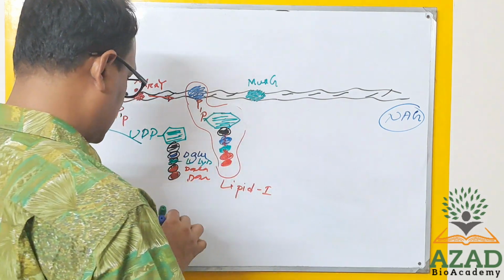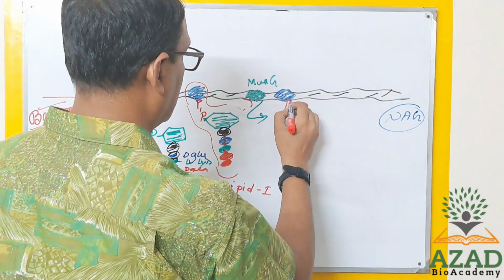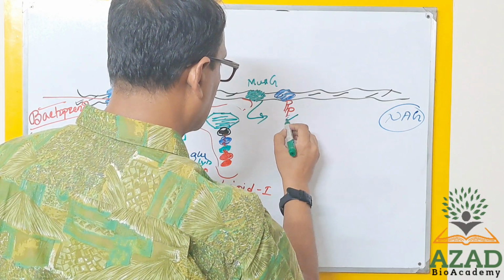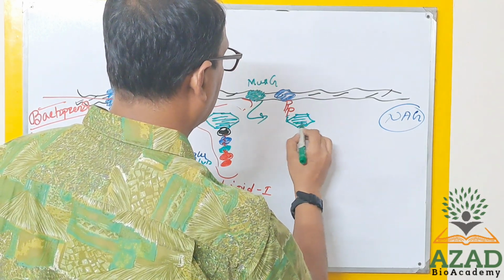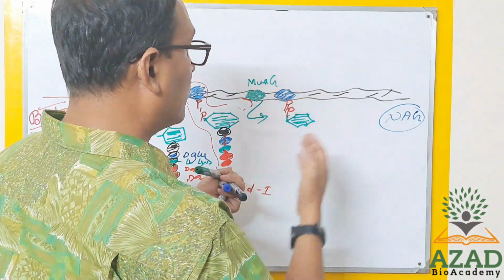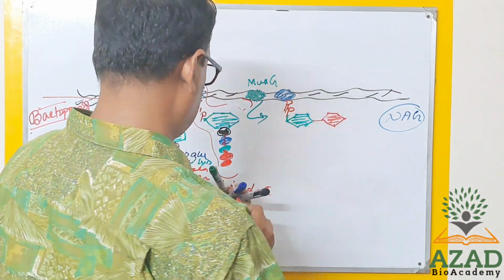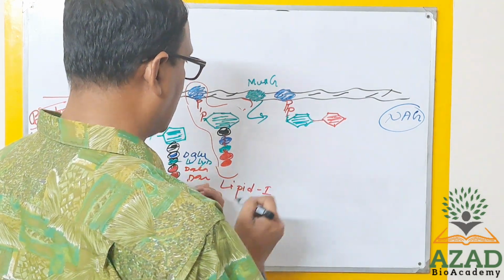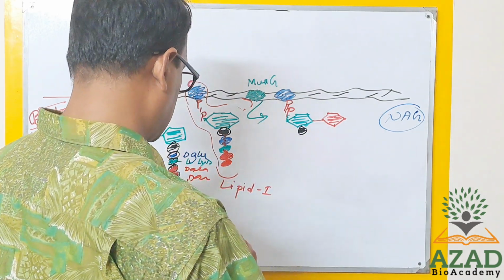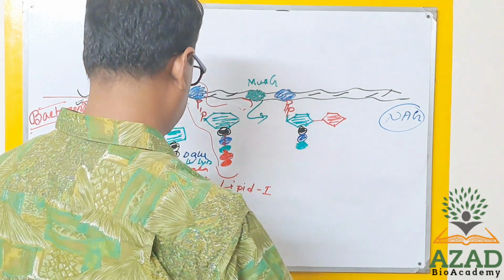So now you can draw the bactoprenol, this is the diphosphate, this is your muramic acid, and here another sugar will add, the N-acetyl glucosamine, by a glycosidic bond, and that muramic acid carries the previously attached pentapeptide.